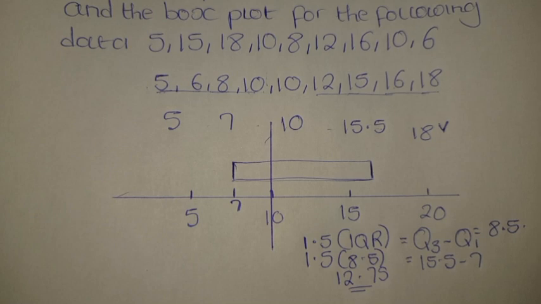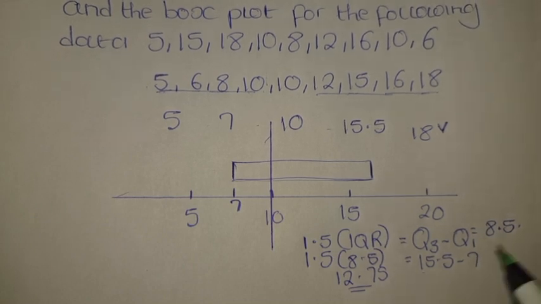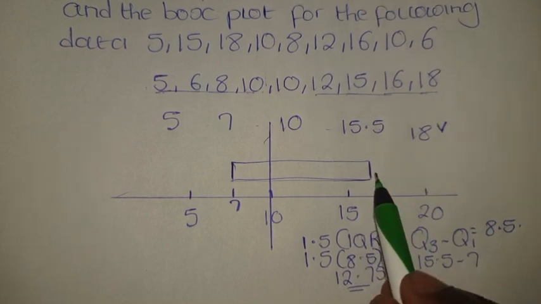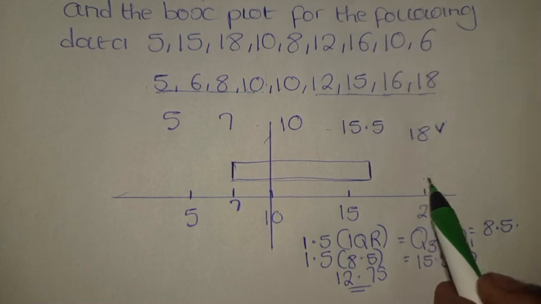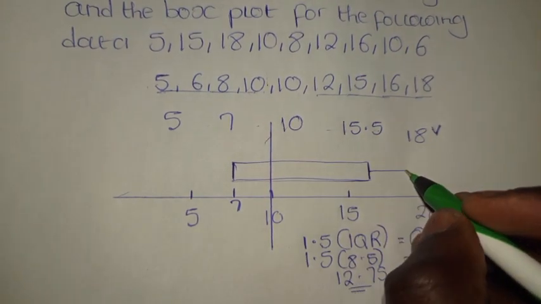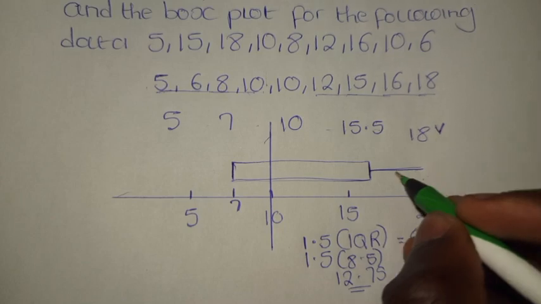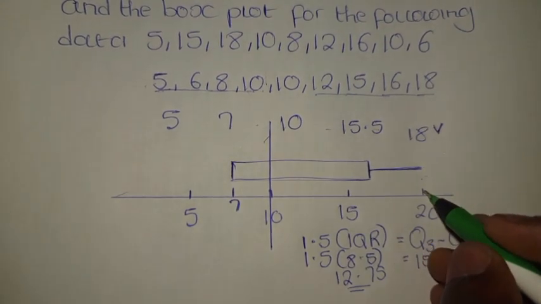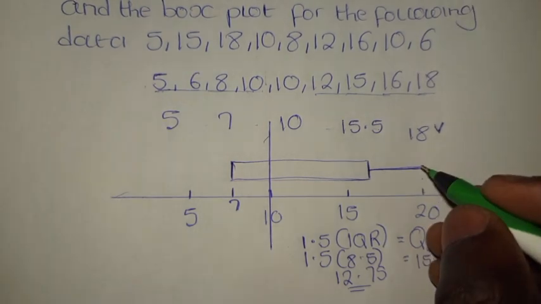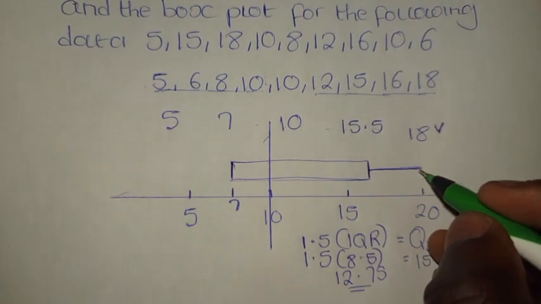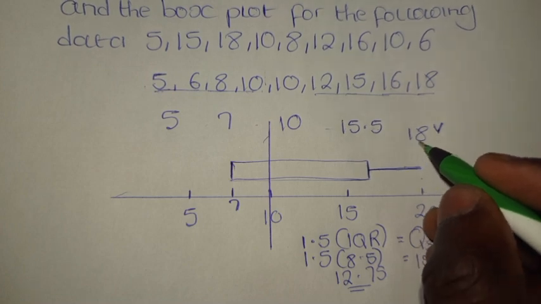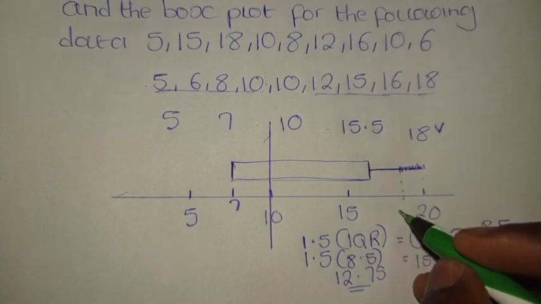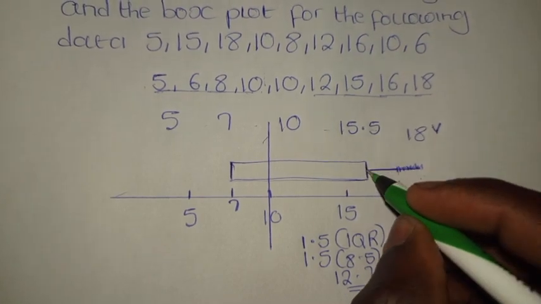Having known how long the whiskers will be, remember we said here to there is 5, and you know the value from here to there cannot be 5. So we will just make sure it ends there. Even if we put 20, our data never reached 20. Let's assume 18 is somewhere here, so let us just end on 18.